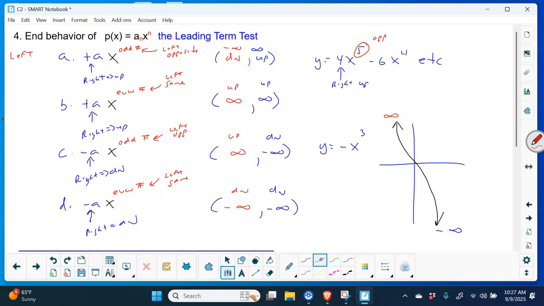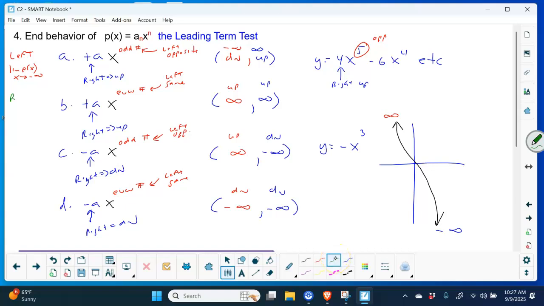They would say left as the limit of p of x, polynomial, as x approaches negative infinity. That's what they mean by left, right?